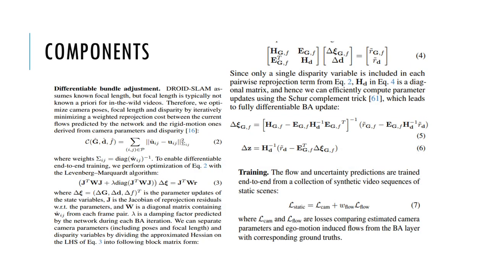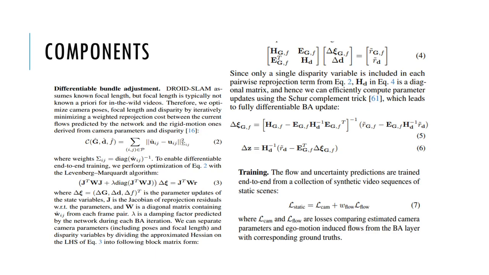K is the camera intrinsic matrix, nothing but the camera parameters. Then comes the second part, differentiable bundle adjustment. As I said previously, differentiable bundle adjustment is an optimization technique used in DROID-SLAM to update the camera poses, depth map and focal length at every iteration step.